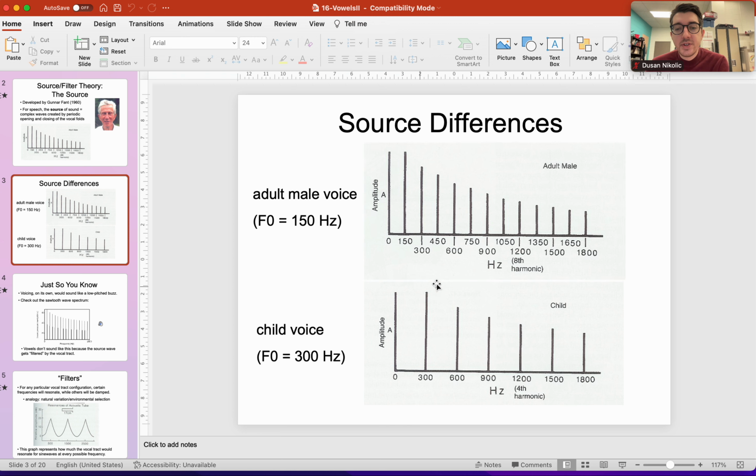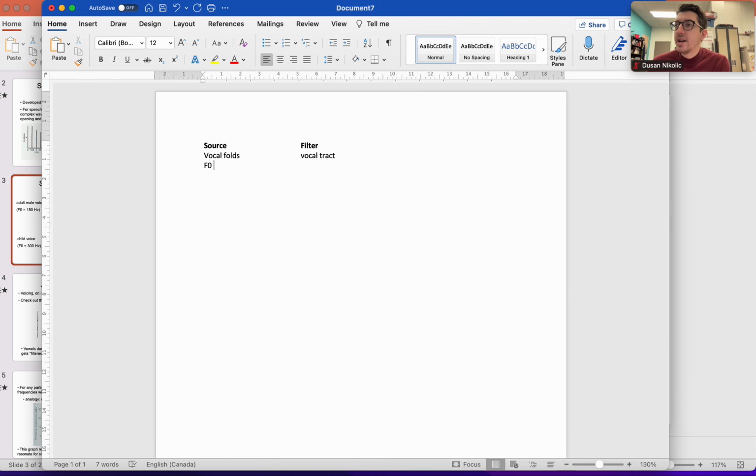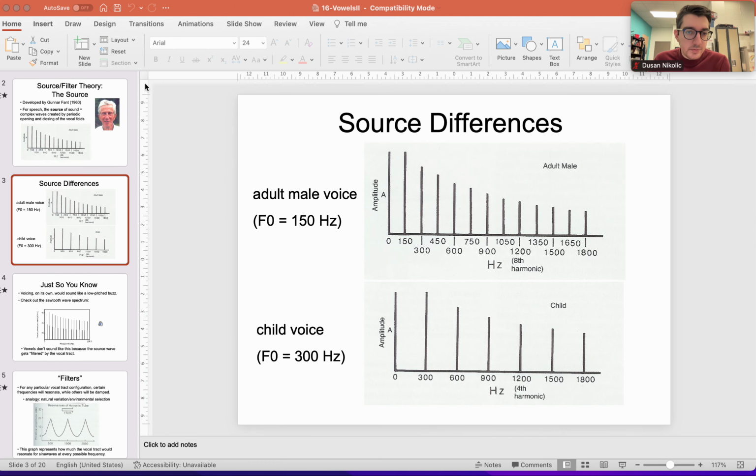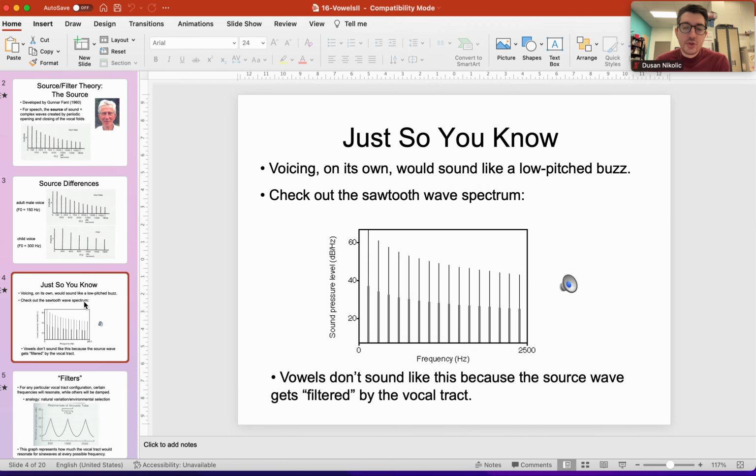So that's the difference in source, created by our vocal folds and dependent on F0, of course. I can also write down here harmonics. Okay, good. So we know about the source.